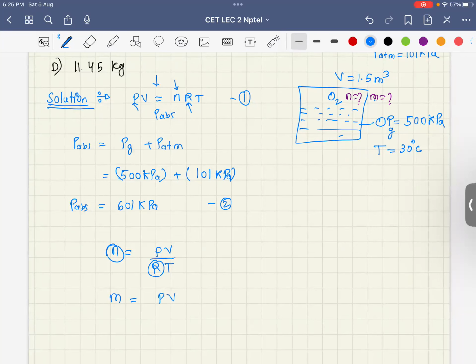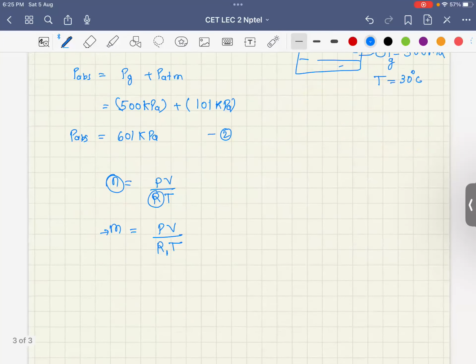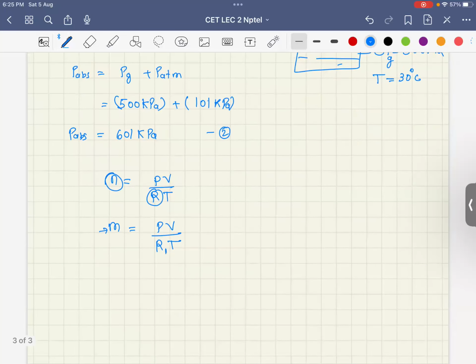So let us write PV equals mR1T, where m denotes the mass of the gas, right? You can convert from R to R1 depending on the mass of the gas. It turns out that R1 for oxygen gas corresponds to about 0.2598 in SI units. This you can find in any standard thermodynamics textbook, right?